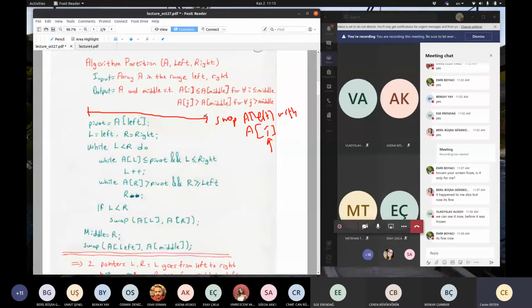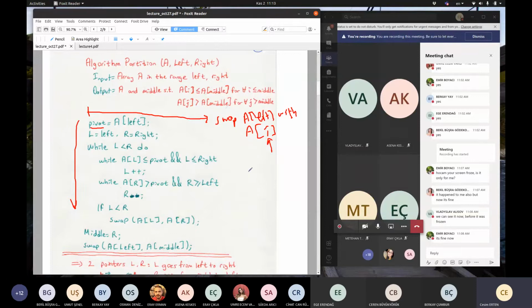The only change will happen at the beginning of the partition, where we will swap a random array element with the element at the leftmost position. The rest will be the same. Remember, for the rest, the partition algorithm assumes that the pivot is at the leftmost position.